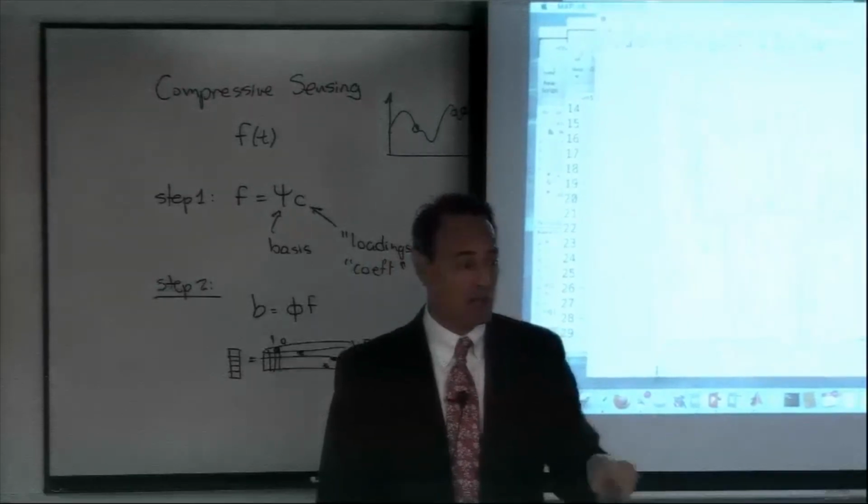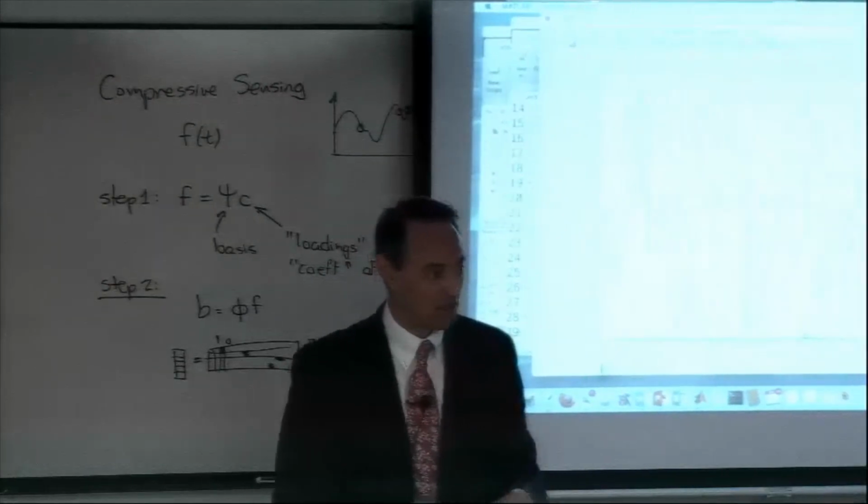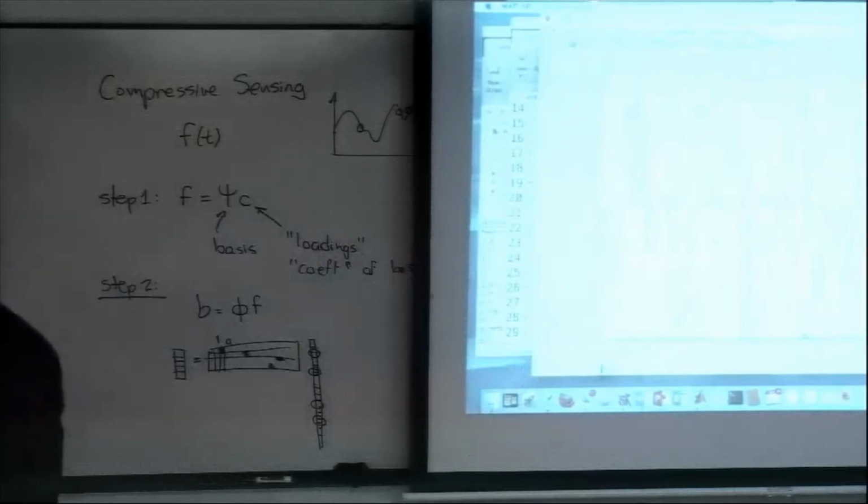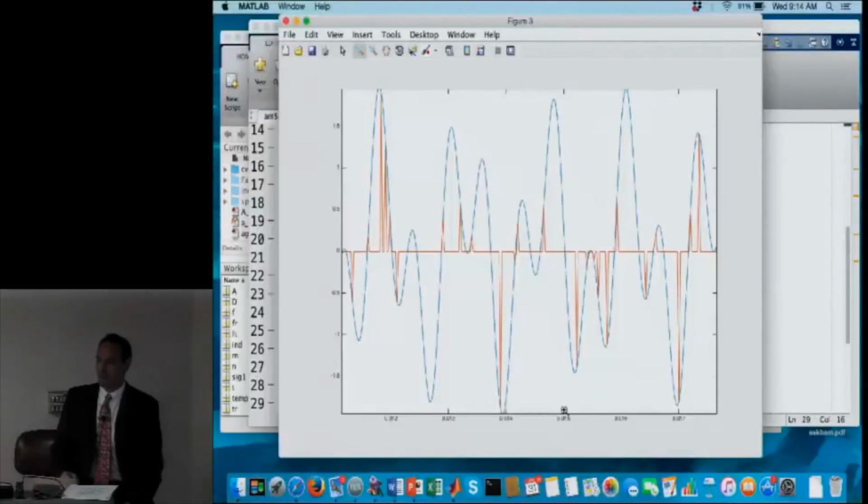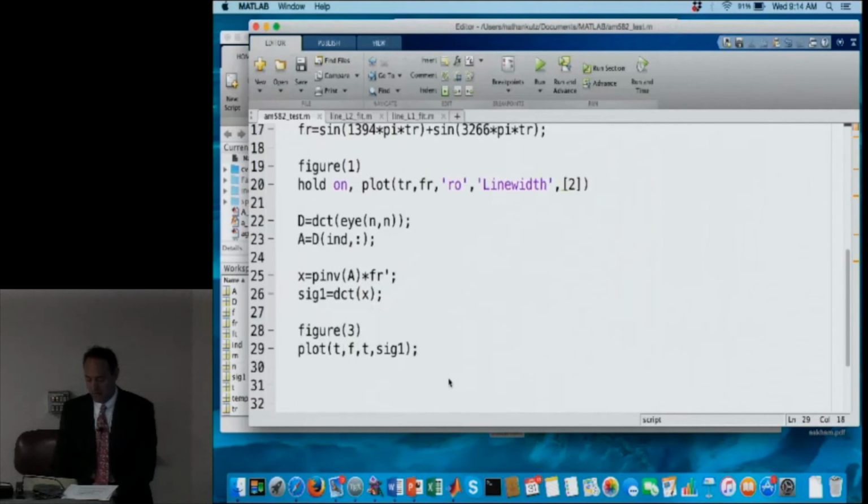So when it tried to solve for the frequencies, do you want to see what it did? Let's talk about what it did. How does least square fit win? Make everything really small. So what it did in the frequency domain is it made everything really small. So let's go figure 4.